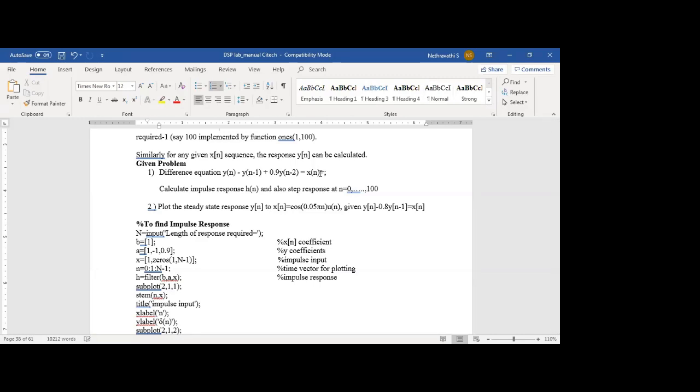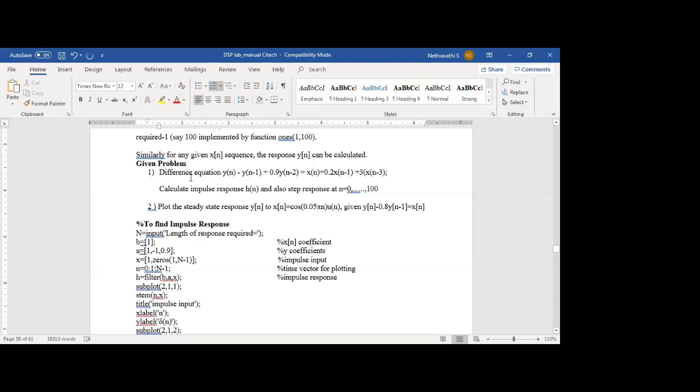If my difference equation is something like this, 0.2 into x of n minus 1 plus 3 into x of n minus 3. Can you see I'm just changing the difference equation?